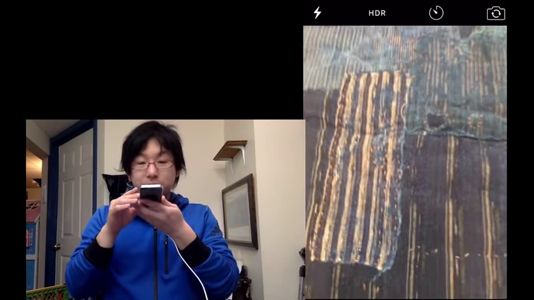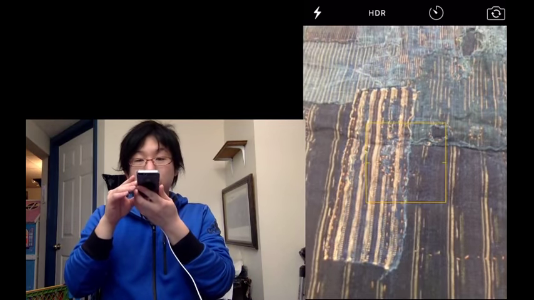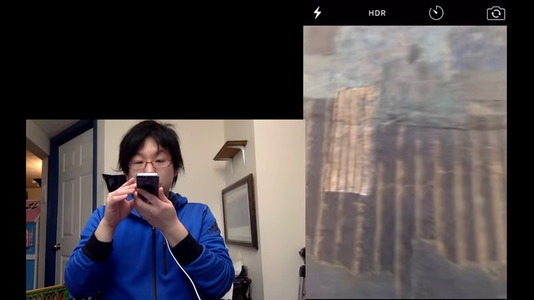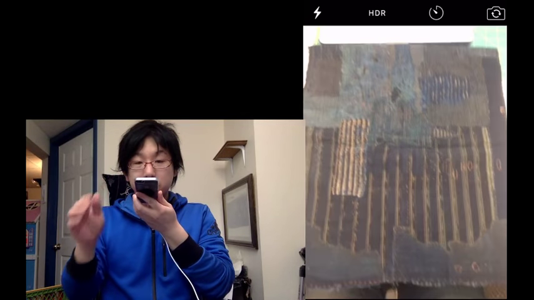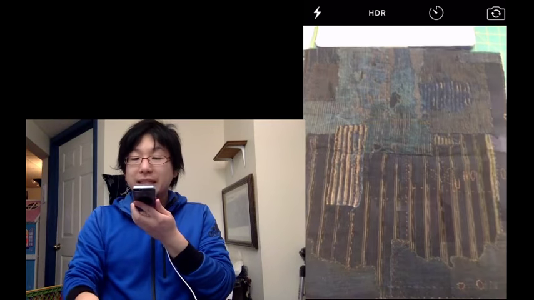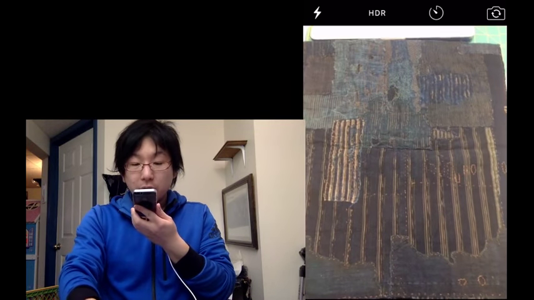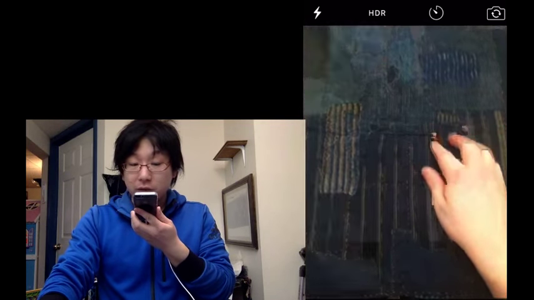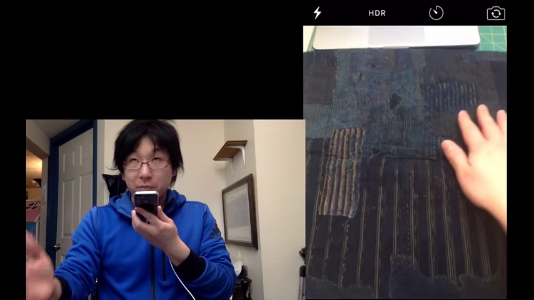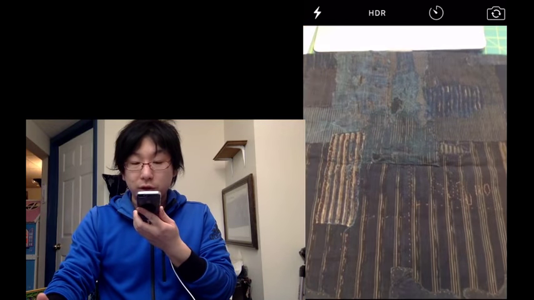Can you see that? So this is the Boro my mother created. It's not exactly patchwork. I do respect the culture of making patchwork that is Boro-inspired.